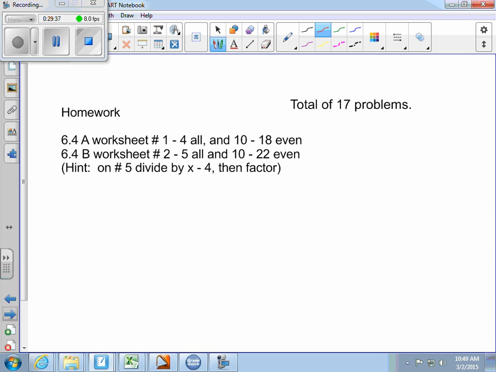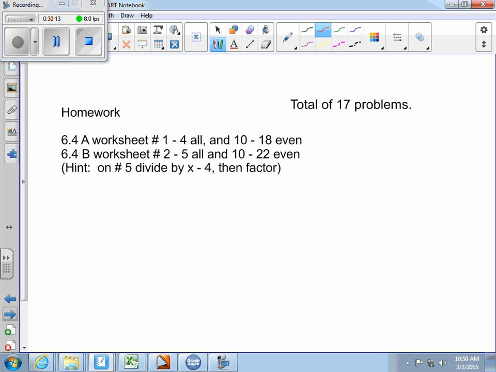On both of them, you do the evens on the back and the whole front. Essentially is what that says.